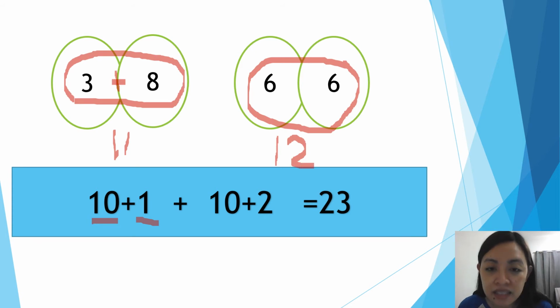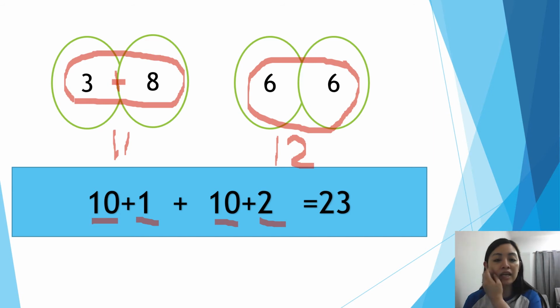Now, let's divide 12 into tens and ones. So 12, 1 stands for 10, and 2 will be in the ones place. So it will become 10 and 2. Okay, now let's add the 4 numbers.